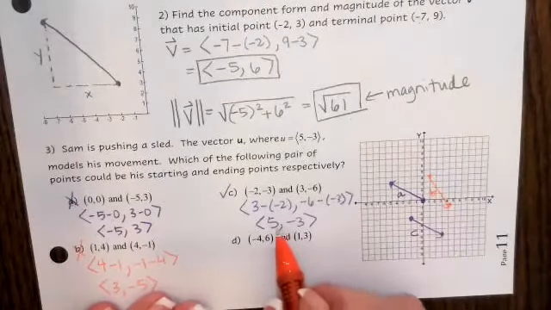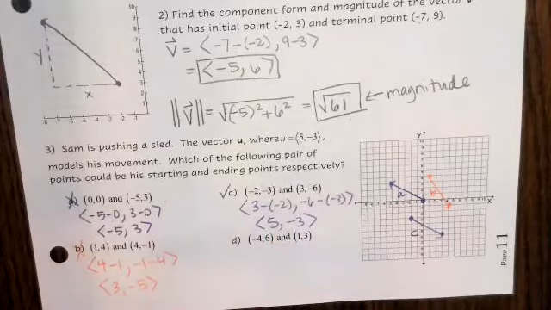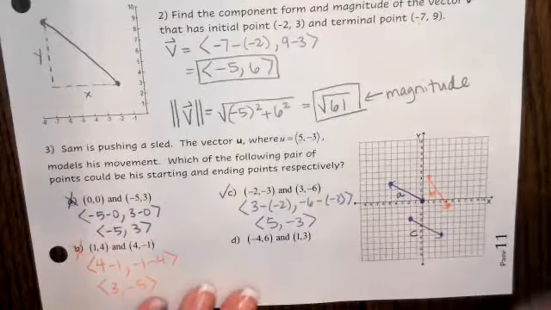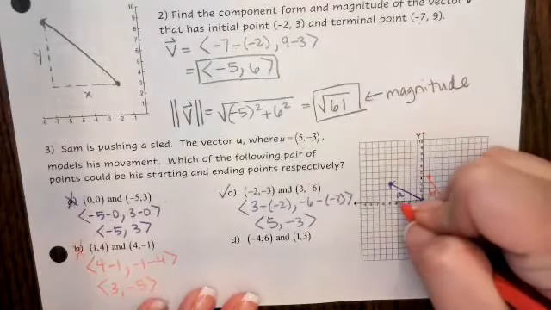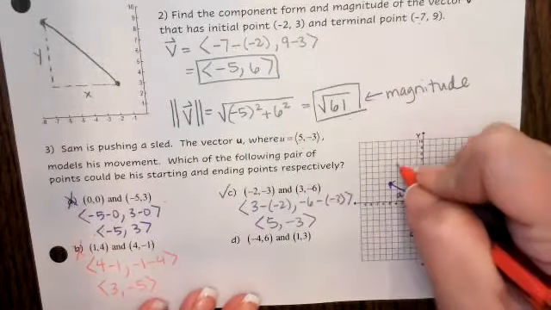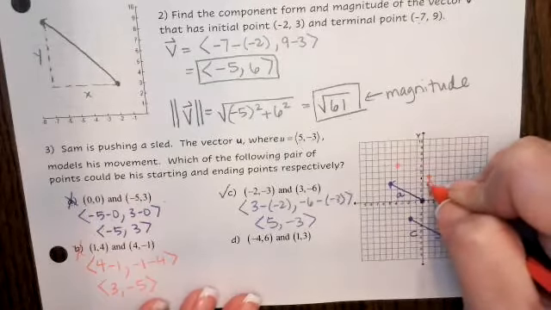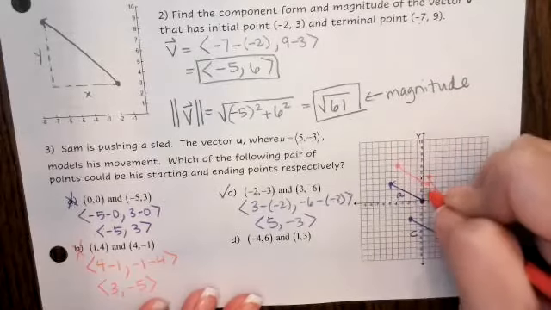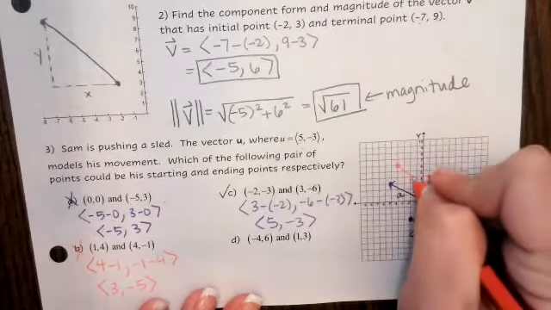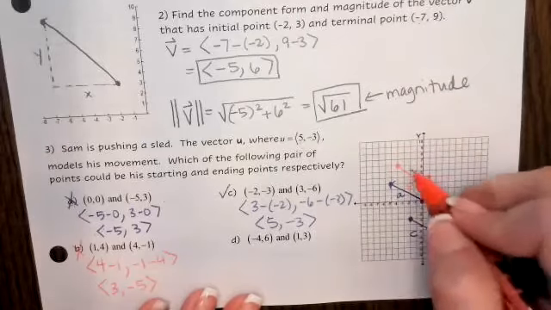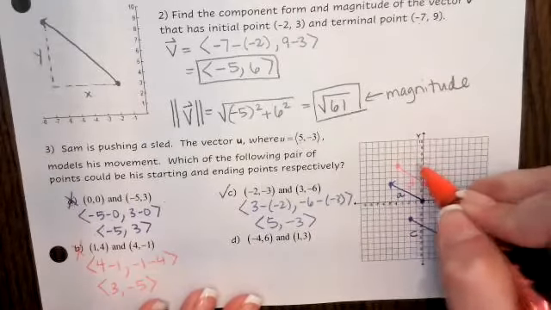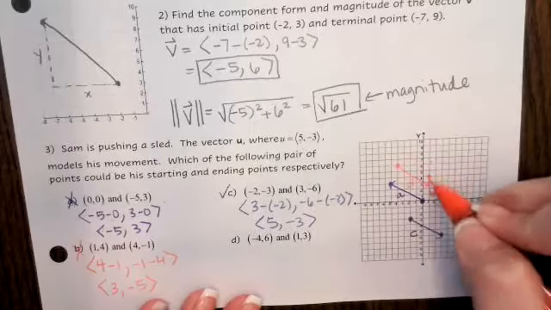Now, that doesn't mean I stop right there. I'm going to check D as well, because remember that we can have more than one vector that has a magnitude and a direction that are the same. So for our D, we go to (-4, 6), and (1, 3). And so this one went to the right, 1, 2, 3, 4, 5, and down 1, 2, 3.